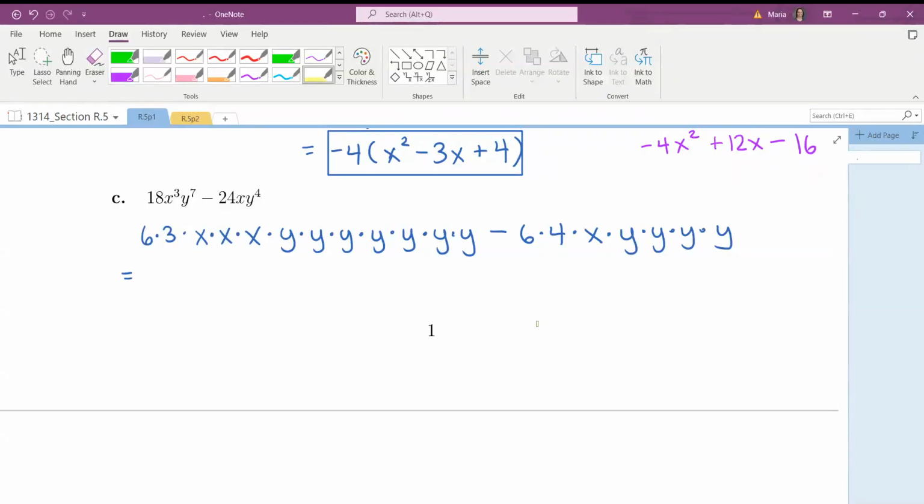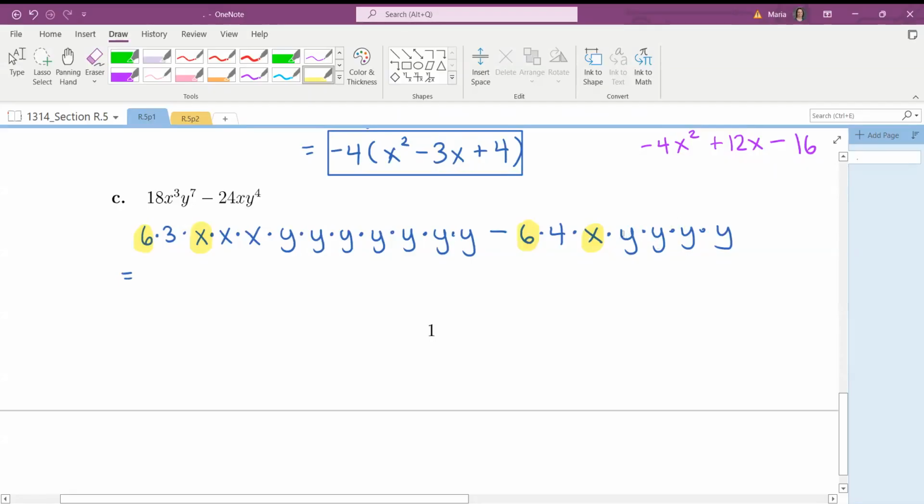All right, so now we get to pick the common factor. We're looking at the left side versus the right side of the subtraction sign. On both sides, I see a 6 in common. I see a single x in common. If you look at the right side here, it only has a single x, so only a single x is going to be in common. Like if you see where my highlighter is, this x has no one to match up with on the right side.